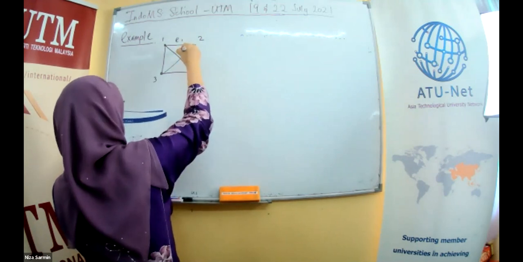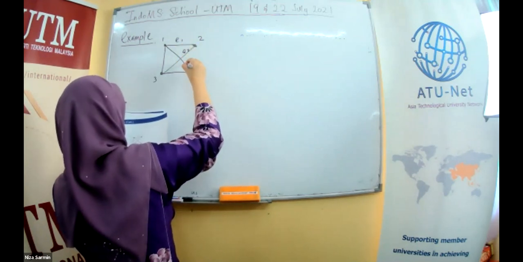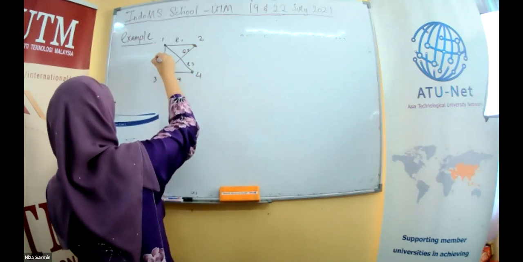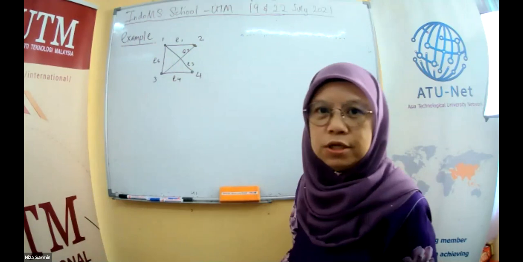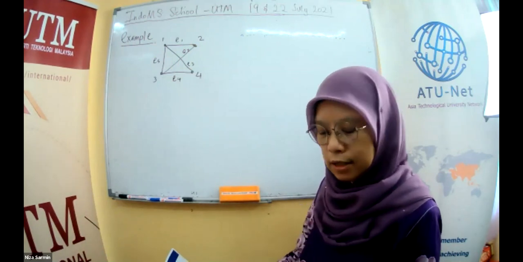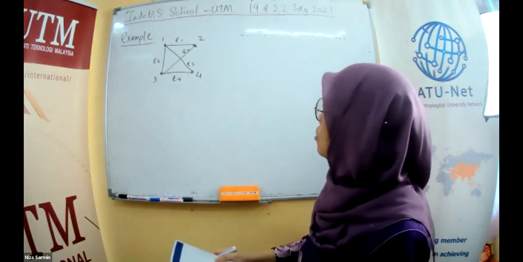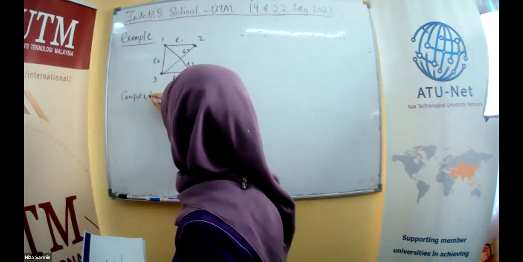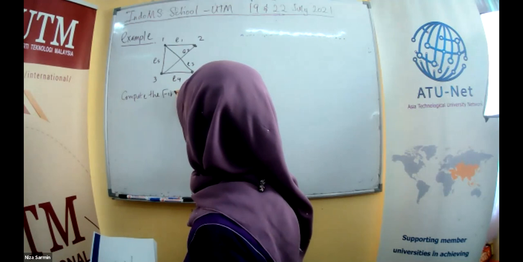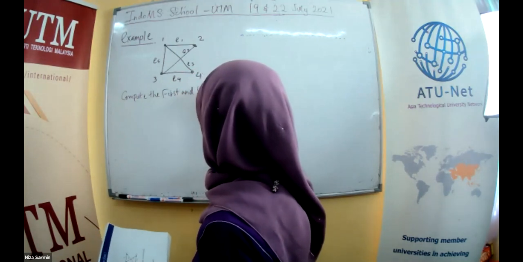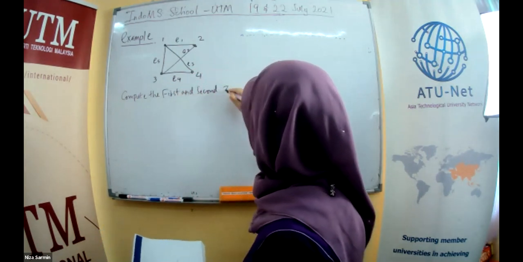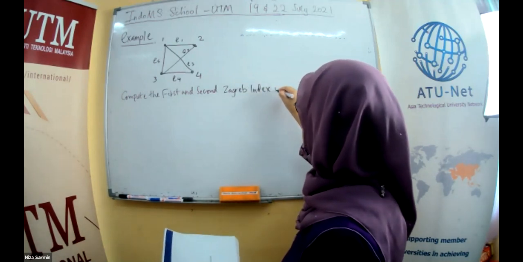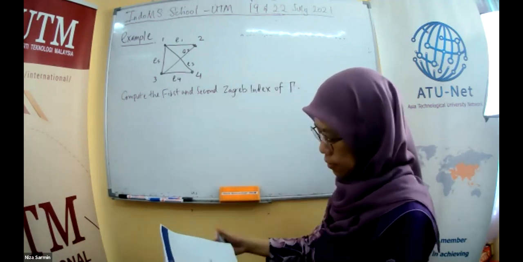The first edge, the second edge, the third edge, the fourth edge, and the fifth edge. So this is just a simple connected graph. So compute the first and second Zagreb index of this.